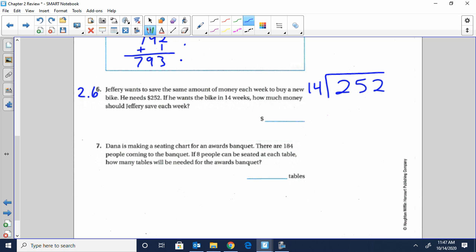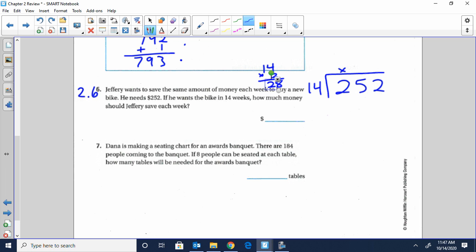Now, 14 will not go into 2, but it is going to go into 25. Now, the key to 2-digit division is you have to do some multiplication off to the side with your 14s so that you can find a number that works. So 14 may go in once, but we're going to try 14 times 2 just to be sure. That would be an 8, and 1 times 2 is 2.